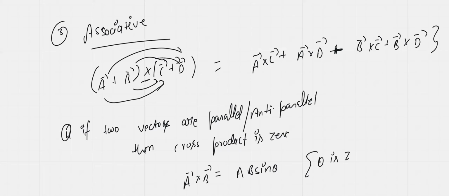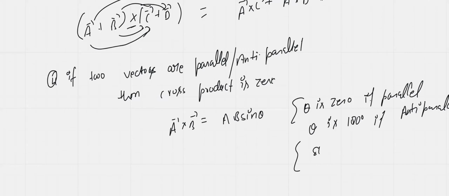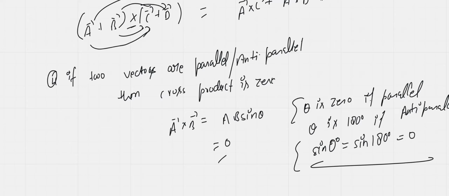Theta is zero if parallel. Theta is 180 degrees if anti-parallel. Sine 0 degrees is equal to sine 180 degrees, and both are equal to zero, so whatever you did, your answer is going to be zero. Clear? I hope.